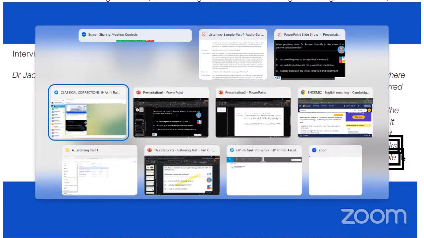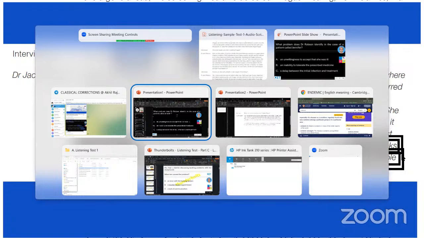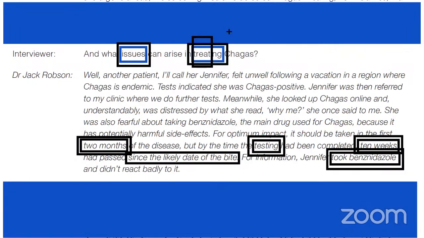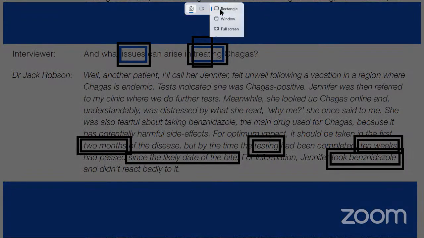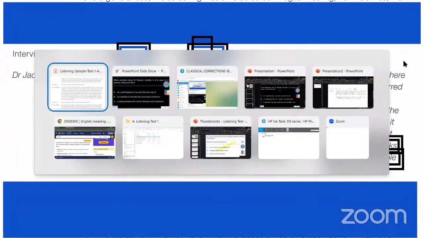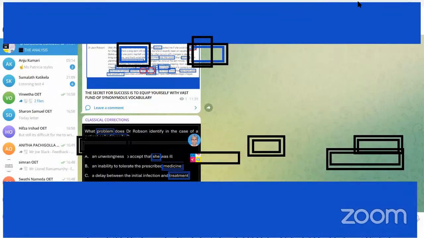Now let us check the answer. So you have to see very clearly how the text is progressing. You have to notice that.